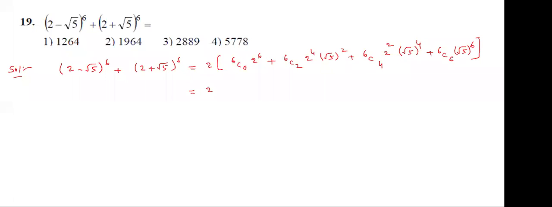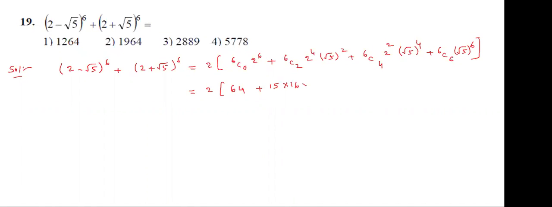2 into 6C0, 1. 2 power 6 means 2, 4, 8, 16, 32, 64. What is 6C2? 6 into 5 by 1 into 2, that is 15. 2 power 4 means 16.